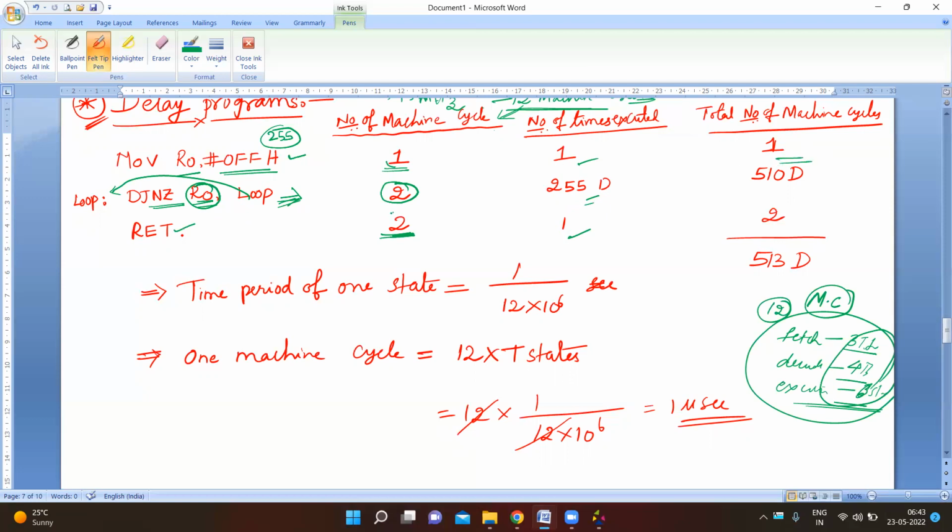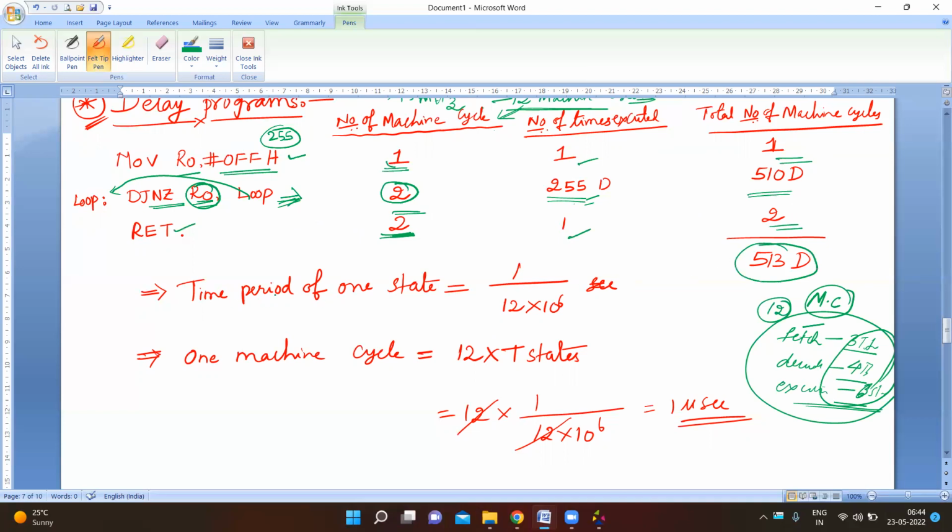Two machine cycles are required for decrement and jump on no zero, executing 255 times, so 255 multiplied by 2 is 510. The return instruction requires two machine cycles, executed one time, so 2 multiplied by 1 is 2. So the total number of machine cycles is 530.